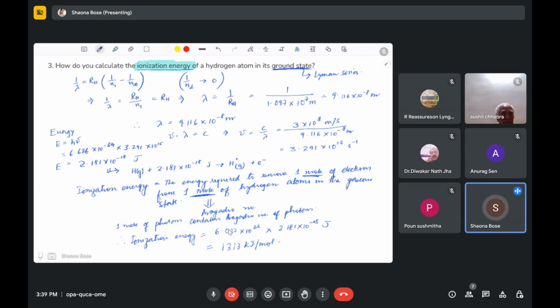But you will see that the value of this energy cited in literature is around 1312 kilojoule per mole. Literature says that, but probably this is because we have made an estimation of the Avogadro number. Not the exact energy, but because of this number, we have rounded off the Avogadro's constant. That is why.